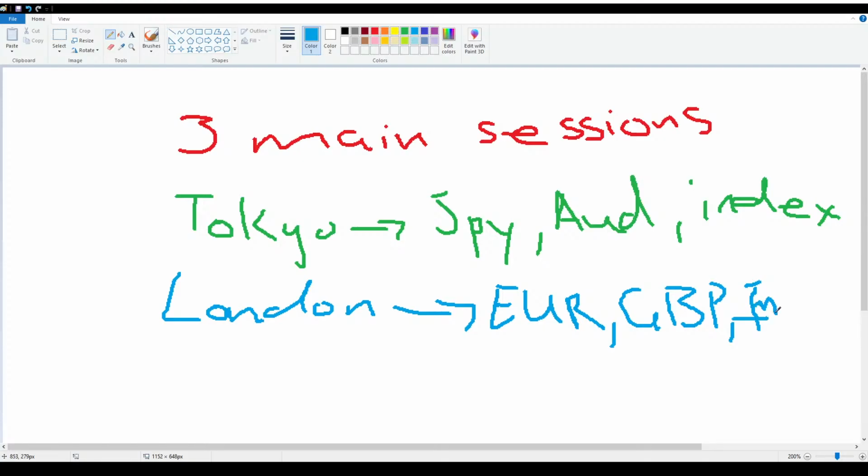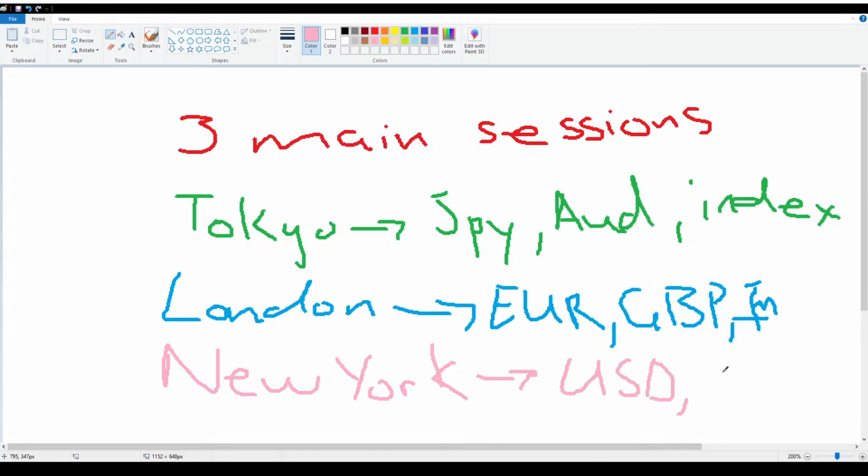And then the third session that's important is the New York session. In the New York session, you're looking for trades on USD-based currency pairs, indices, stocks, and commodities. Things like gold can be traded in the London and the New York sessions.